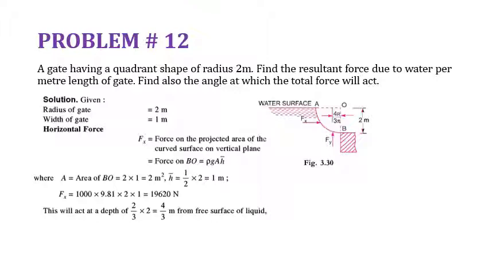So for that Fx component, we are going to assume the vertical projection. So this is the water surface, and the top of the gate is coincident with the water surface, and it is 2 meter depth, and you can assume 1 meter length.